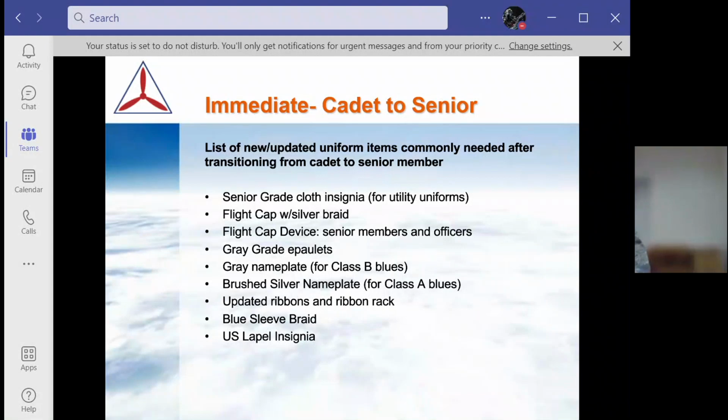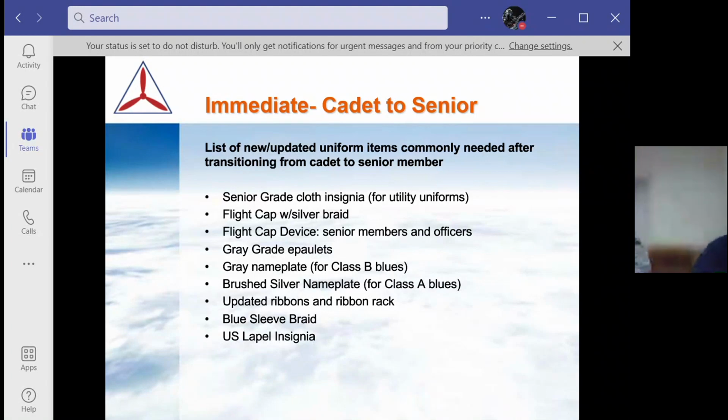Time in grade. They also use the same kind of cloth insignia on their ABUs. You know how the butter bar has its cloth, and it's just a white stripe instead of a butter bar.